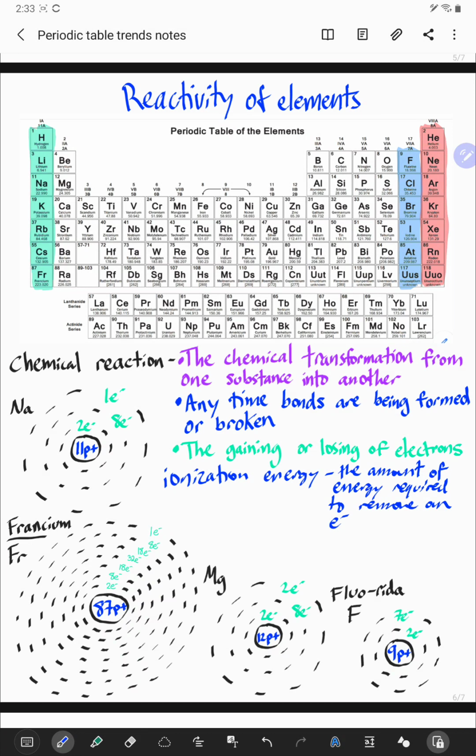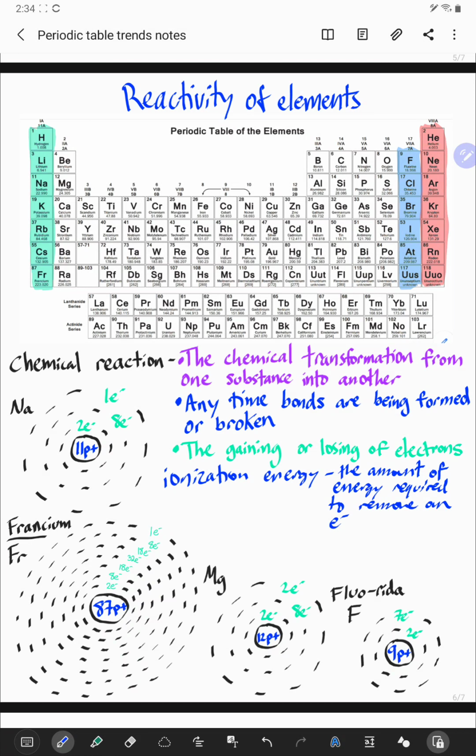So think back through that video, pause here, and think about which elements in this column are going to be the most likely to lose an electron, or the easiest to lose an electron. So is the trend going to be to where it's easier to lose an electron as we go down or as we go up? Which is easier to lose an electron?